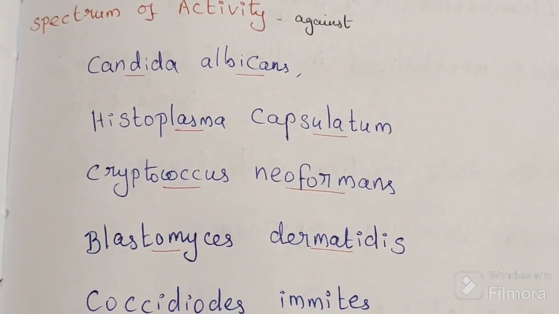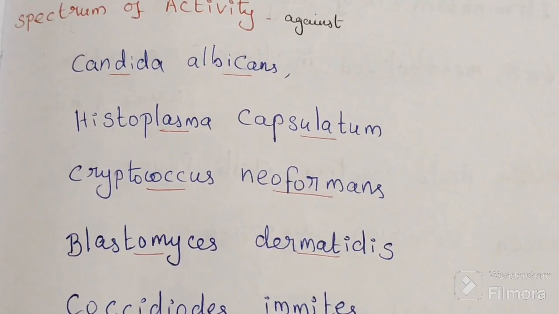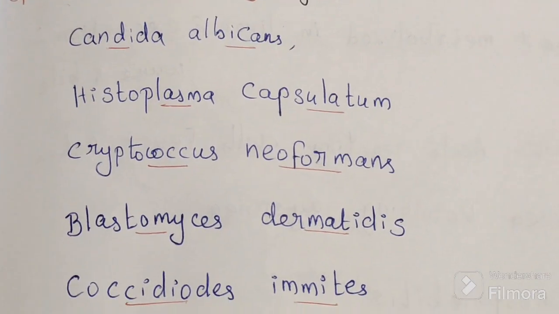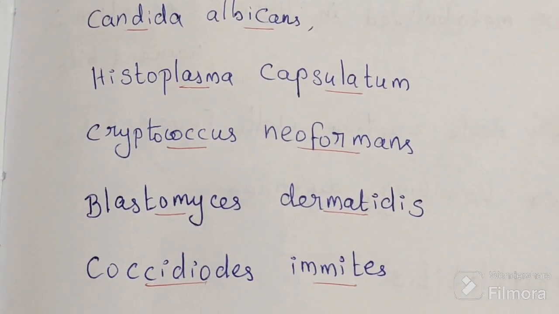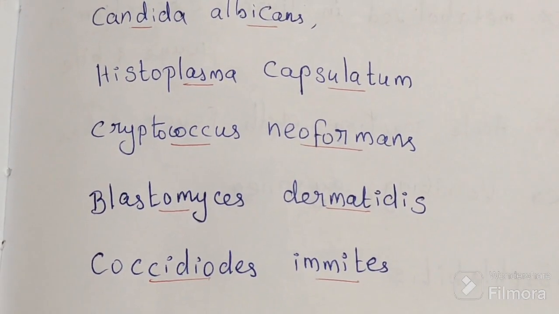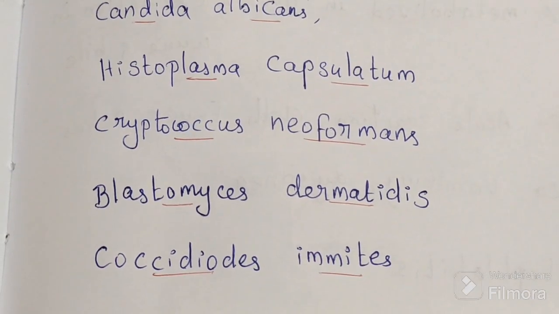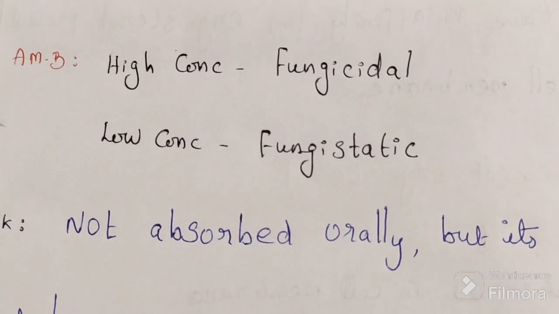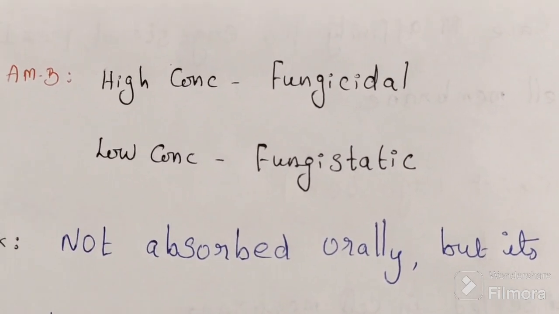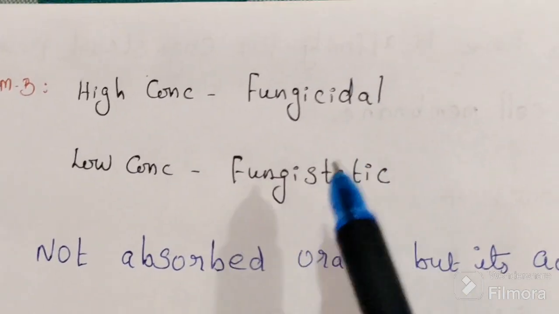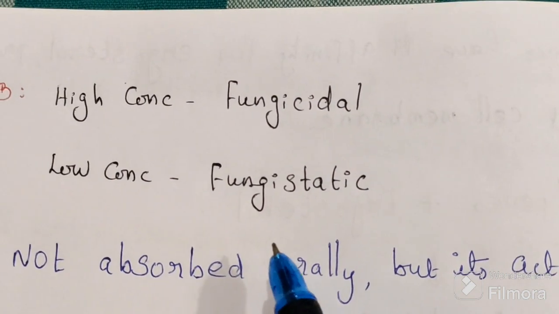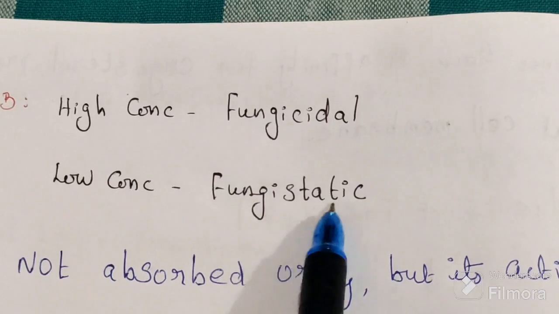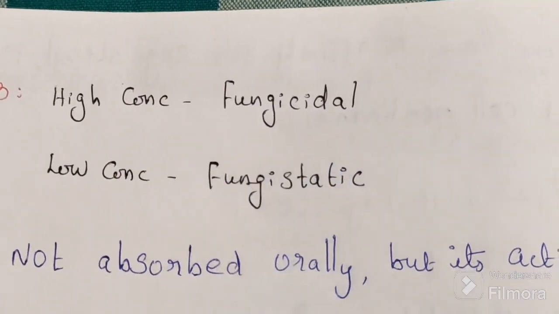In higher concentration amphotericin B is fungicidal, and in lower concentration it is fungistatic.